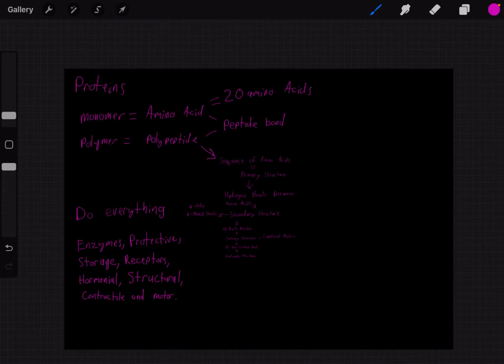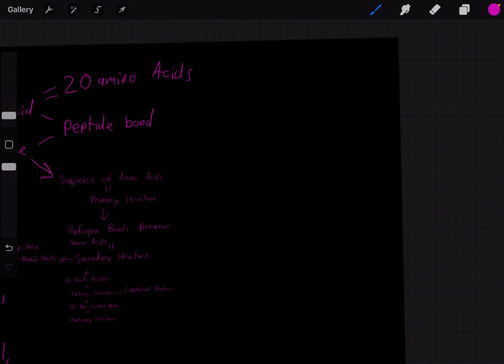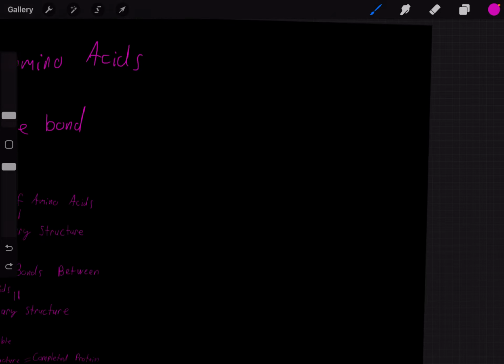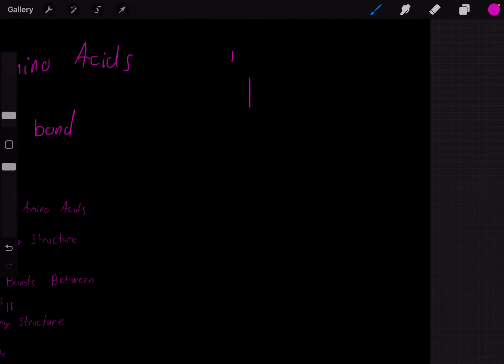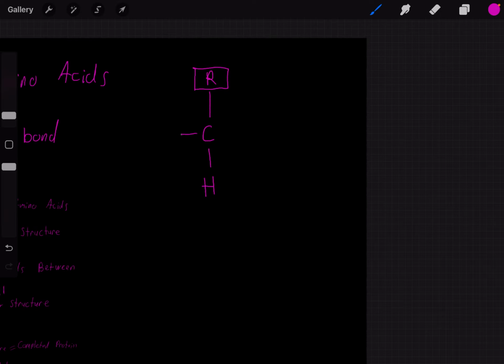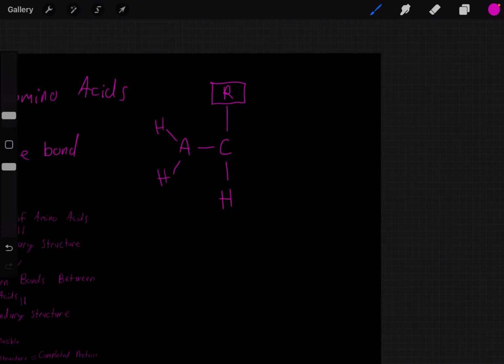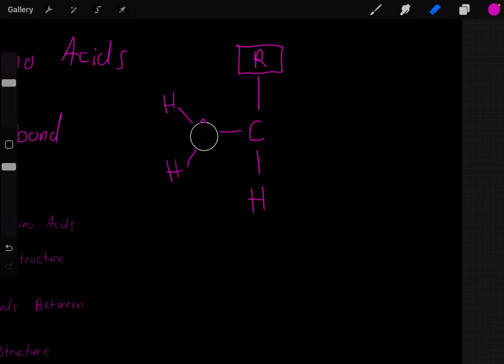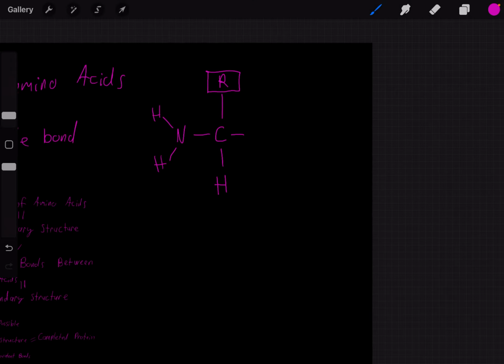So again, monomers, amino acids, they have 20 amino acids. And also let me write out the main structure of an amino acid that you guys should know by now. You have your R group, that group, and you have your amino group, and your carboxyl group.